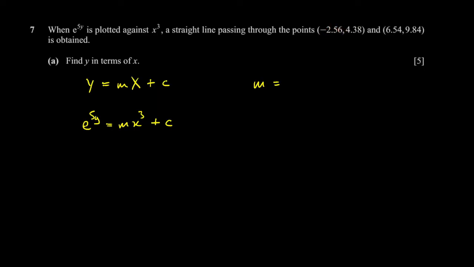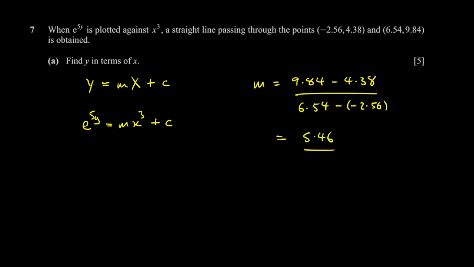So we are going to get 9.84 minus 4.38, all divided through by 6.54 minus 2.56. I will key this into a calculator. So we'll just get the top: 5.46 on the top.